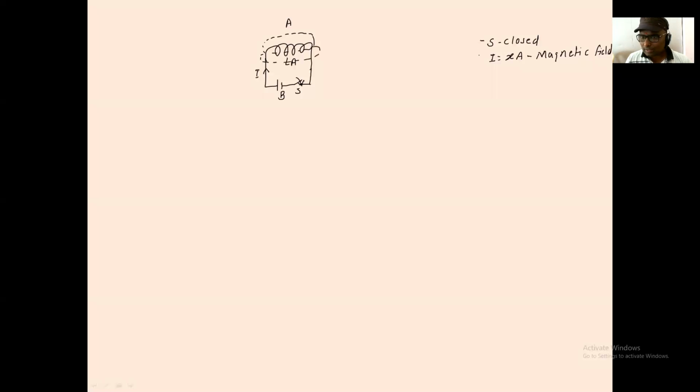Now, I say that this is case first, and now I say that the switch is open. What happened? I becomes 0, and this is case second. And if we are doing this continuously, due to change in current, the magnetic field produced is also changing.